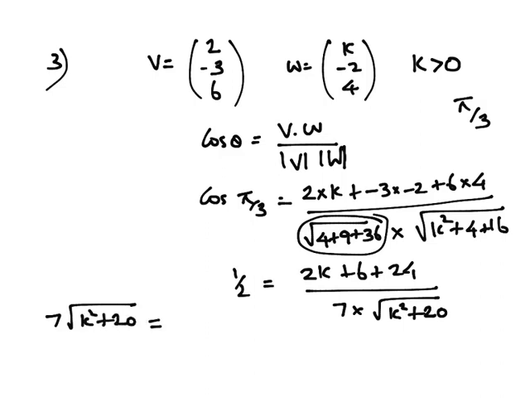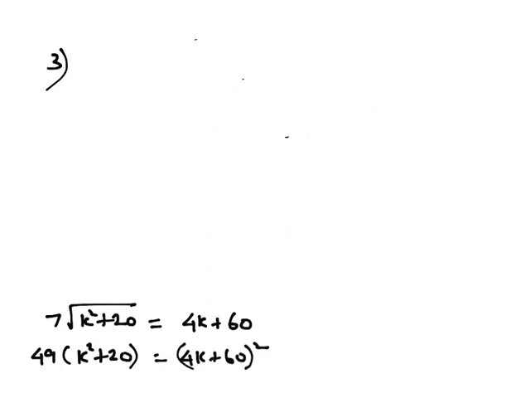So if you cross multiply, you will get 7 times square root of K square plus 20 is equal to 4K plus 60, right? So let me square both sides. We'll get 49 times K square plus 20 equals 4K plus 60 squared. Fine. Let me simplify this further.